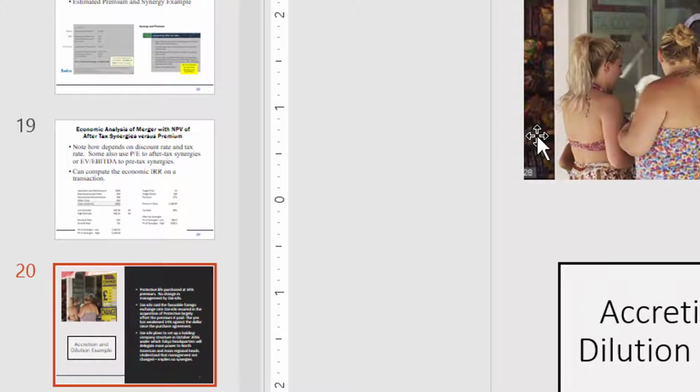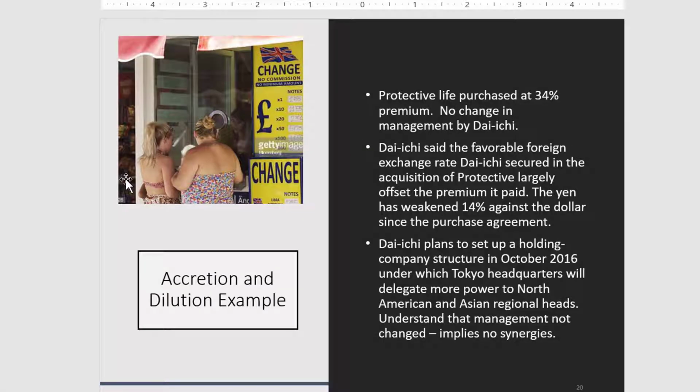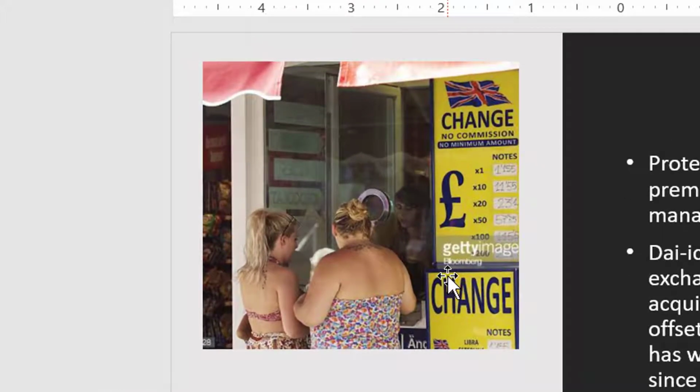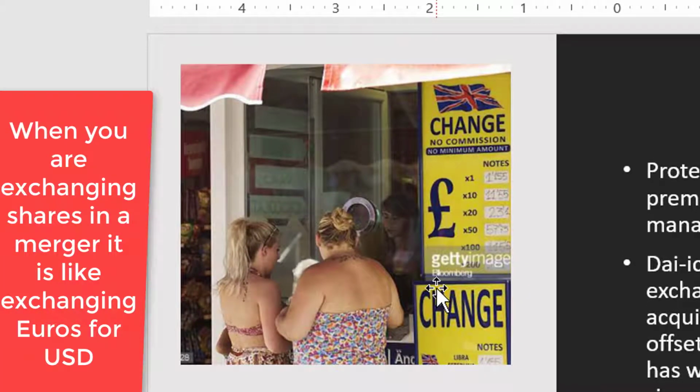Next, we're going to look at accretion and dilution. Here's a picture I made, and this example is about exchange rates. It's about understanding that the stock price of one company is the currency.